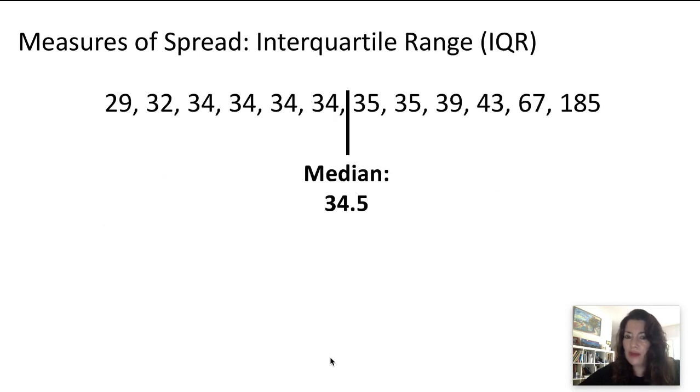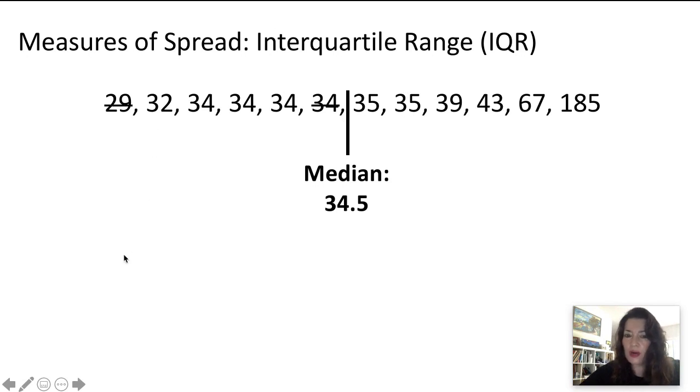All right, how do we find the IQR? I've already discussed this when I went over how to create the box plot using our 5-number summary. So the first thing you want to do is identify your median, which we already have. Now notice the median is split right in the middle, and everything above 34.5, that's 50% of your data, is above from there, and 50% of your data is below from there.